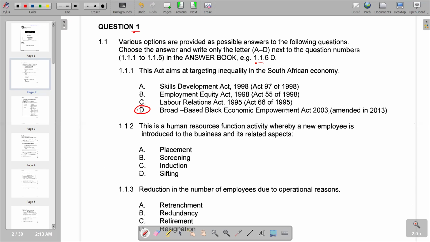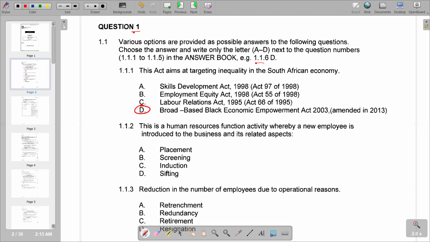So the main aim of triple BE is to close the gap between the white and the black by enhancing economic participation of black people. We have D as our correct response.